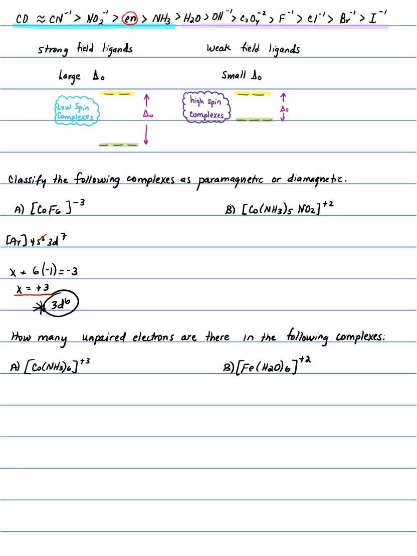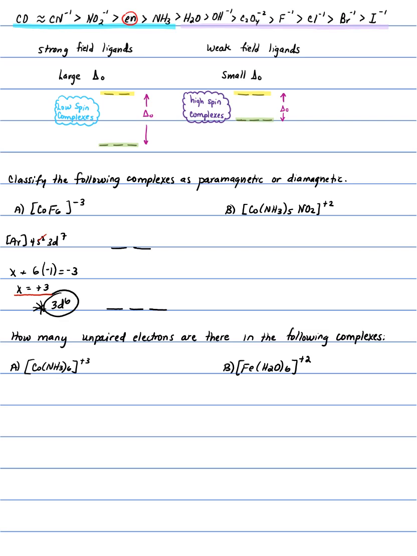So let's write down our orbitals. It's always 3 on the bottom part and 2 above. Now our ligand for this complex is the fluoride ion, and fluoride is classified as a weak field ligand.